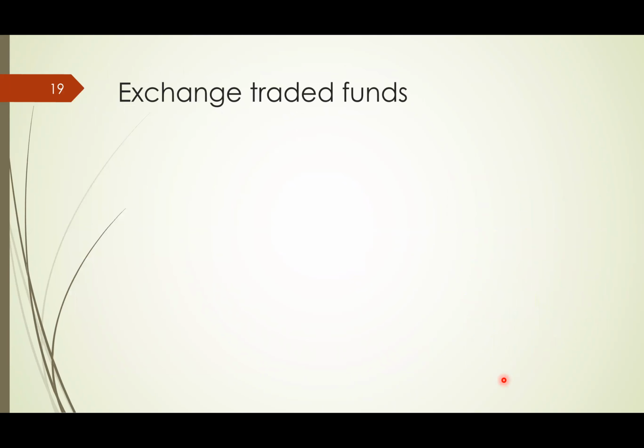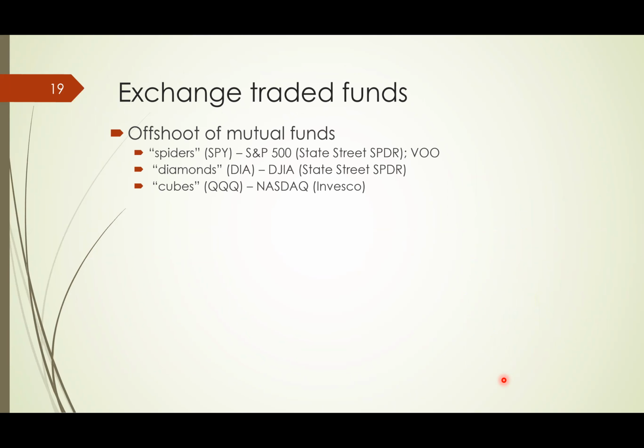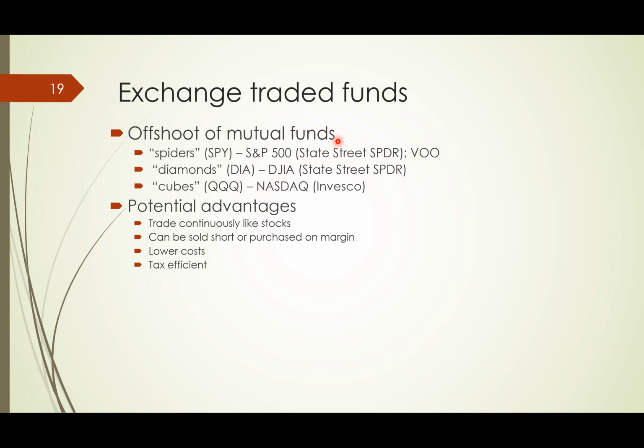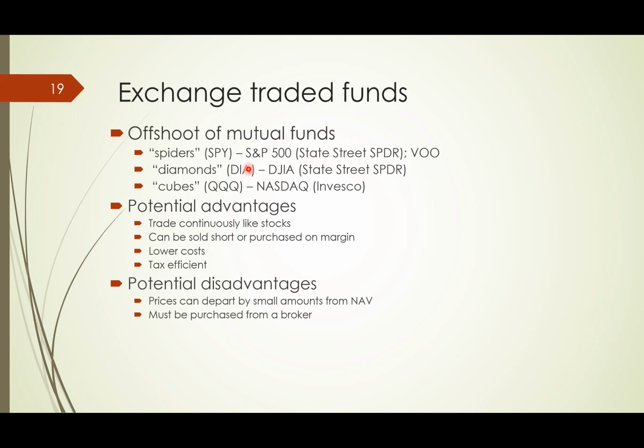So let's introduce exchange-traded funds. Exchange-traded funds are an offshoot of mutual funds. They are a variant of mutual fund that allows investors to trade them continuously on the stock exchange like closed-end funds. Commonly seen ETFs include Spiders, SPY, that tracks the S&P 500, issued by State Street SPDR.